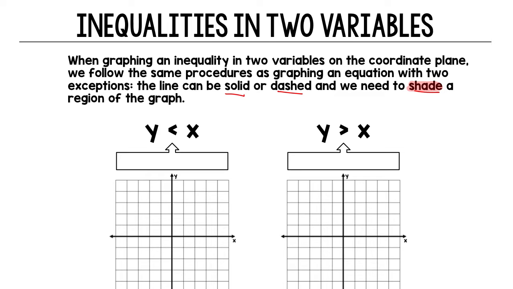Here we go. So if we've got a less than or a greater than, no equals involved, that's an open circle on a number line, right? On a coordinate grid, it's a dashed line.